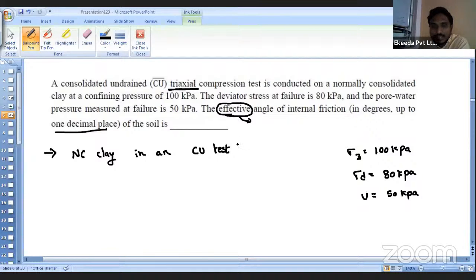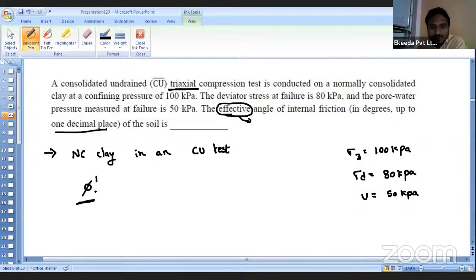Here they are asking about the effective angle of internal friction, that means phi dash. So as we have to find phi dash, the stresses also we have to take as effective values, right?